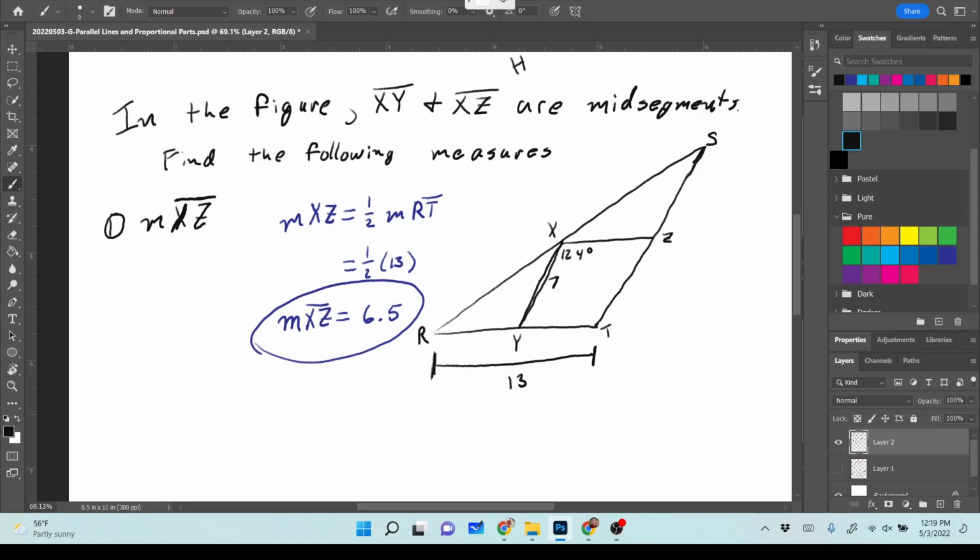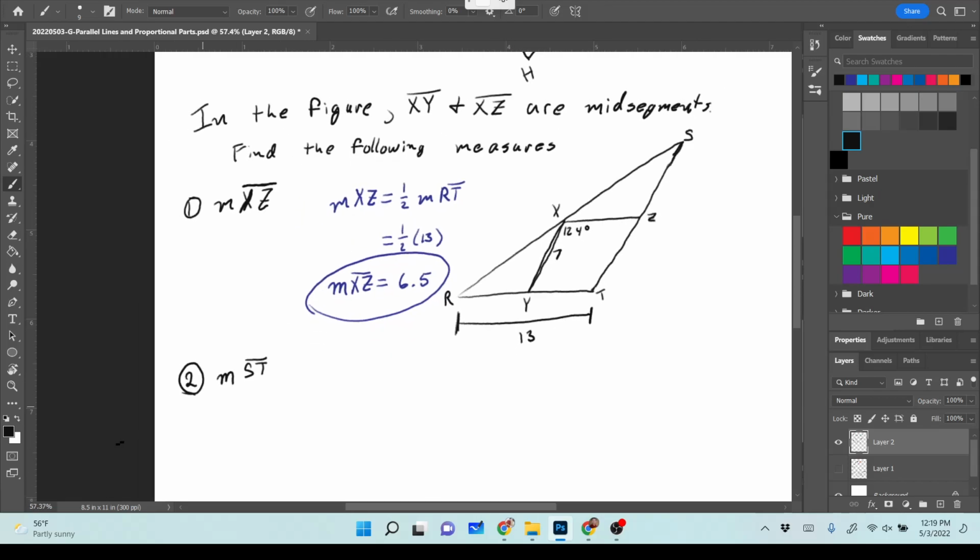All right, so the second one we're going to do with this shape and these instructions is we're going to find the measure of ST. Okay, so how are we going to do that? Is ZT the same as RT? No. 2 times 7?